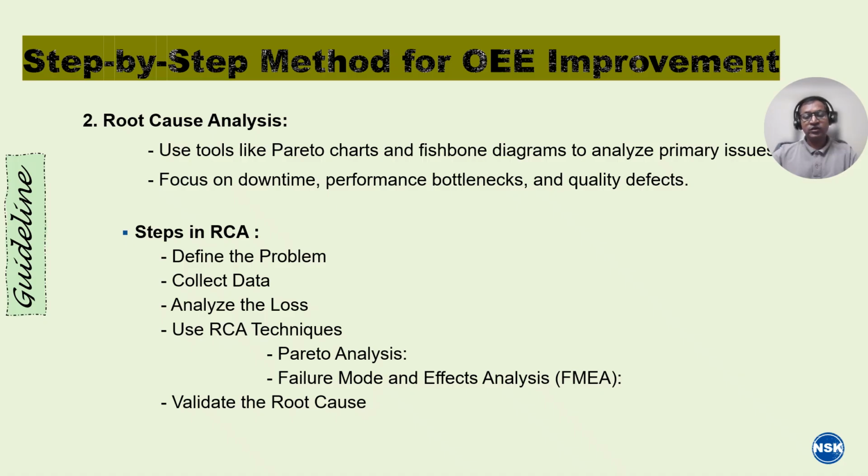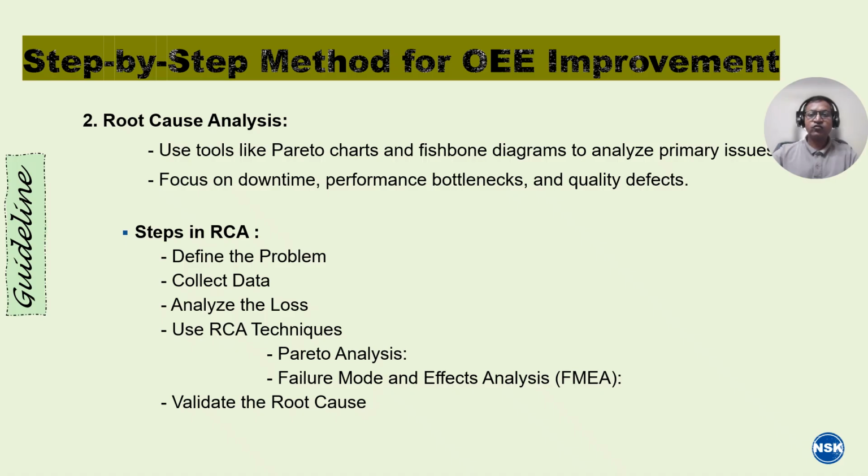Fourth, use root cause analysis techniques. Apply systematic methods to uncover root causes. Why analysis: ask why repeatedly to drill down to the root cause. Fishbone diagram, Ishikawa: categorize possible causes into groups like people, machines, method, material, and environment.